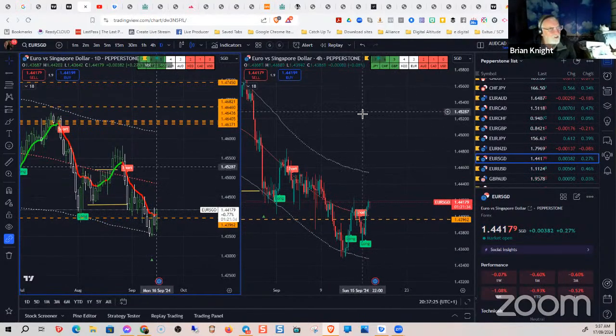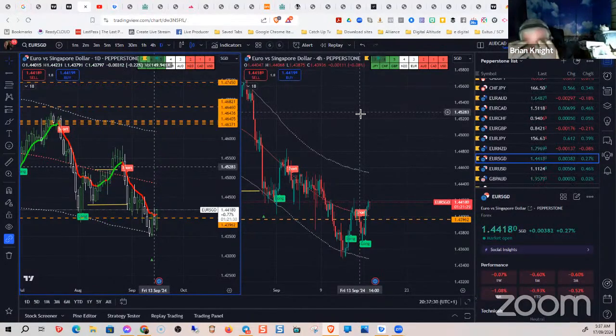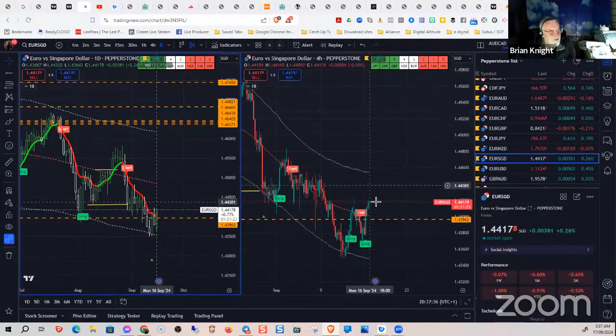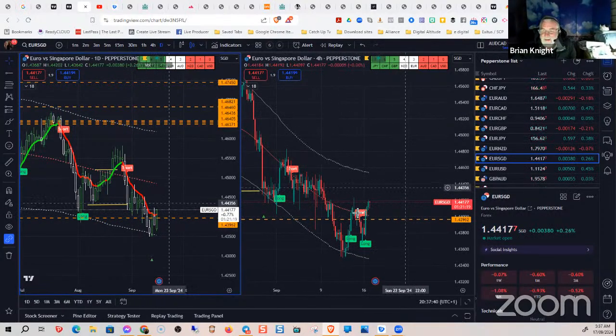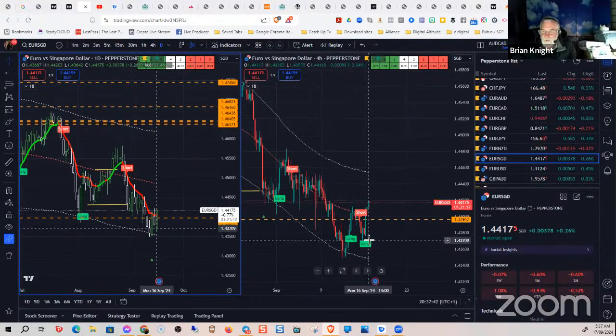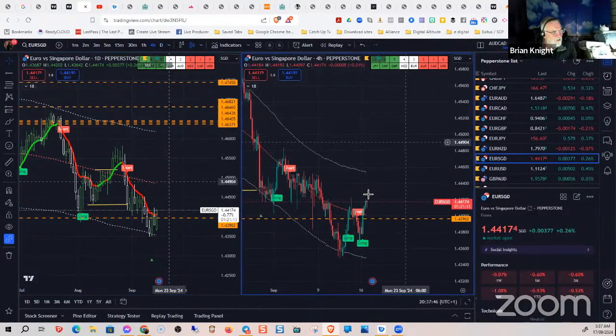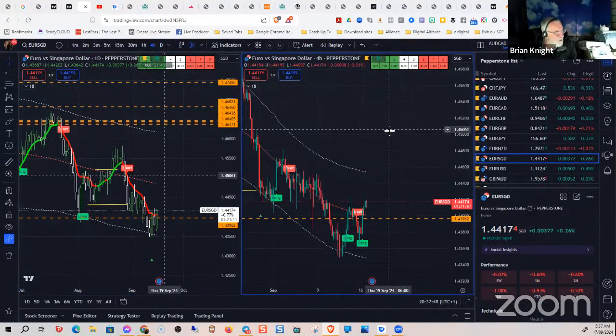I think this is so typical of where the market's waiting for a rate decision, particularly the US one. It mulls around, waiting, taking out stop losses, pushing one way, taking out stop losses, pushing the other way, and then it just jumps out of the blocks.